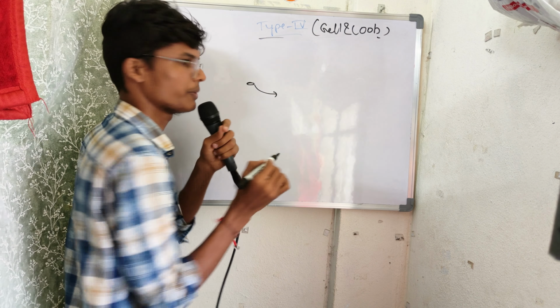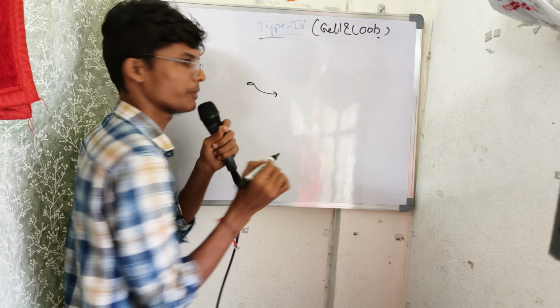Sorry, not here. Previously we had seen bacteria, right? But now think of this antigen as a viral antigen, not a bacterial antigen. If it is a viral antigen, this CD8 plus cytotoxic T cell will get activated and take the type 4 hypersensitivity reaction as usual. But there are some changes here.